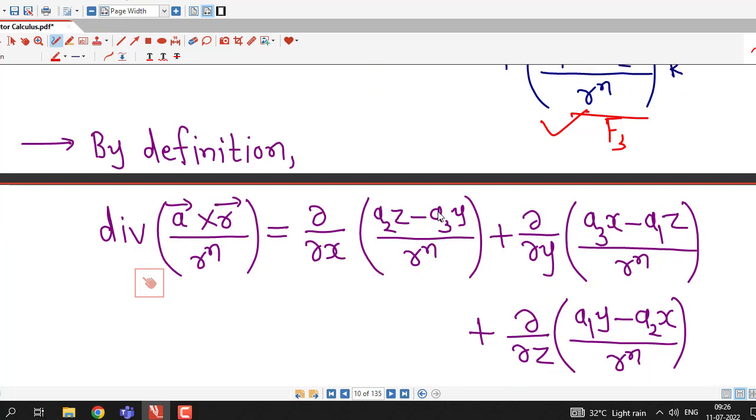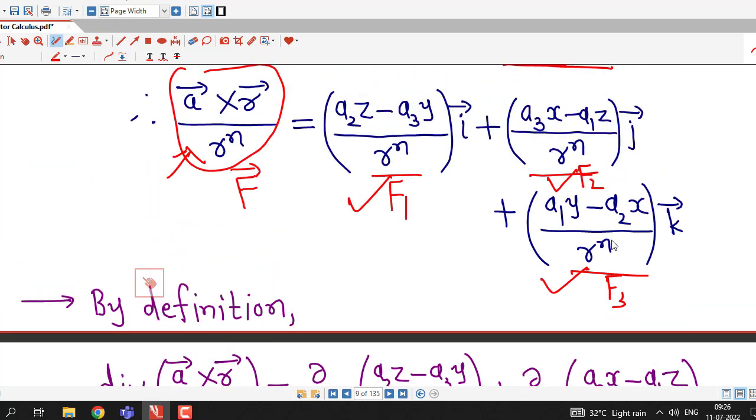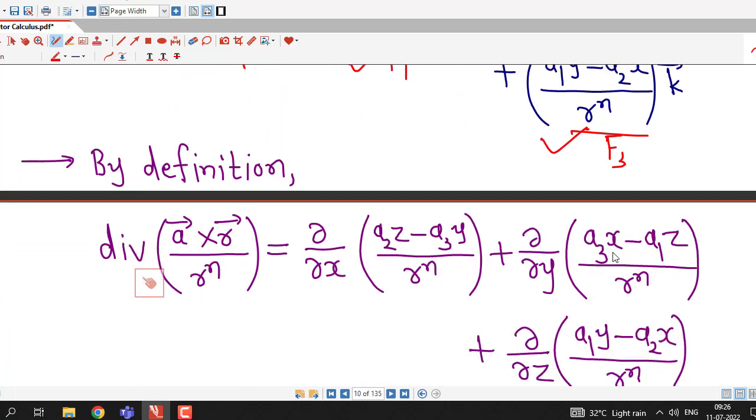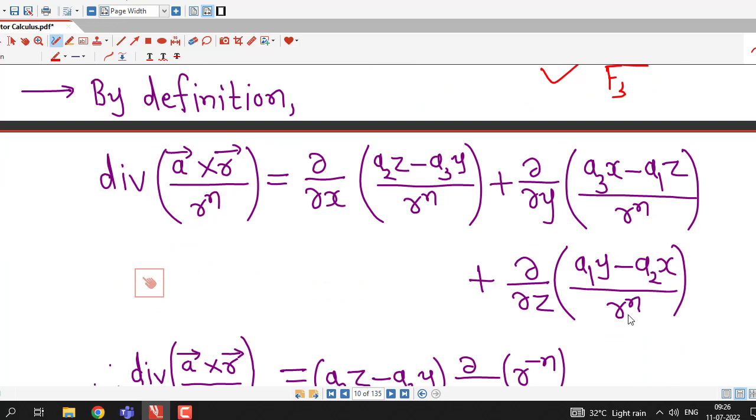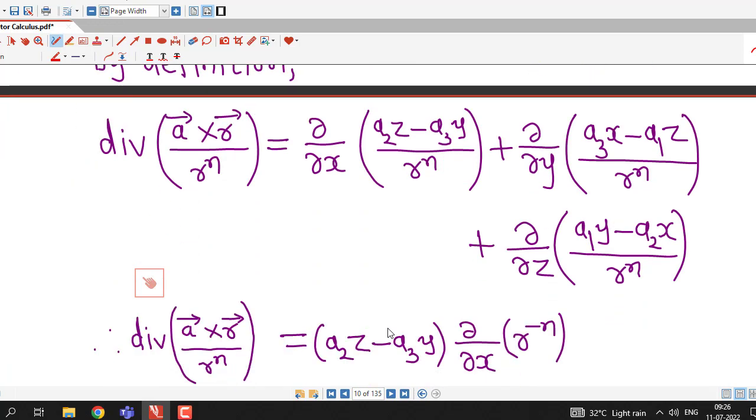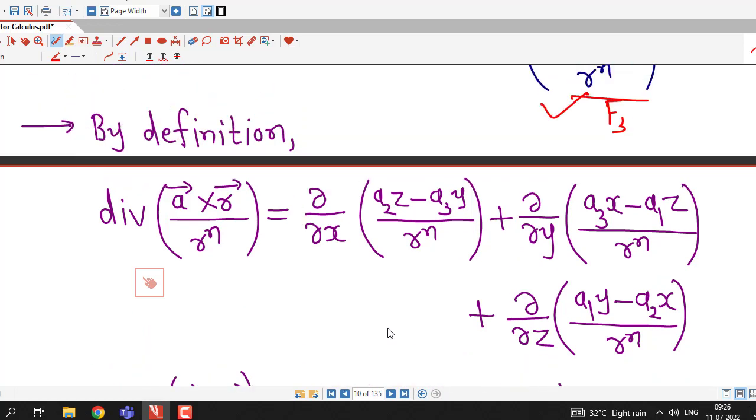Del by del x of a2z minus a3y divided by r raised to n plus del by del y of second component, which is a3x minus a1z by r raised to n, and del by del z of a1y minus a2x divided by r raised to n. And we can see that here first derivative is with respect to x.